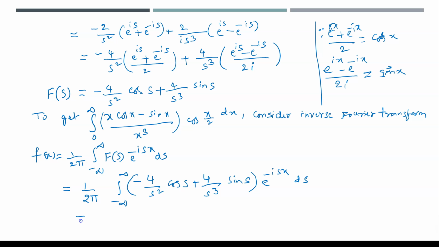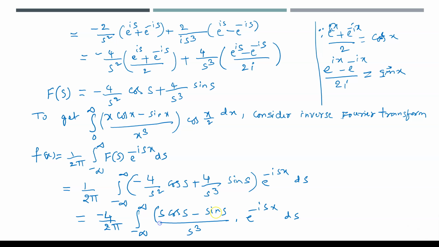This can be written as 1 by 2 pi integral minus infinity to infinity. Here minus 4, you can take outside. If you take minus 4 outside, and take LCM, we get s cos s minus sin s upon s cube into e power minus isx ds.